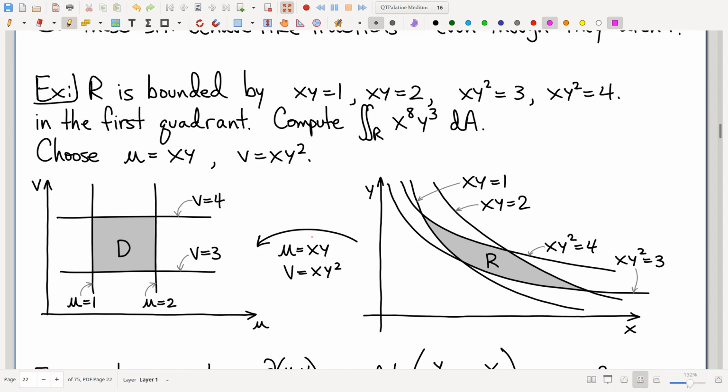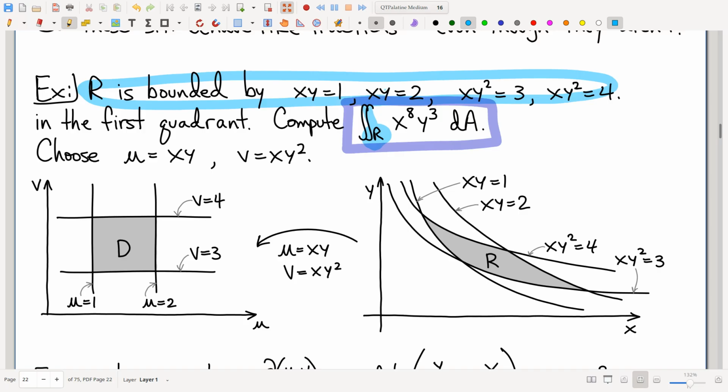Another example. Here's the integral we're interested in. I want to compute that integral. The integral is defined on this region, bounded by those 4 curves, which is this gray shaded region R here.